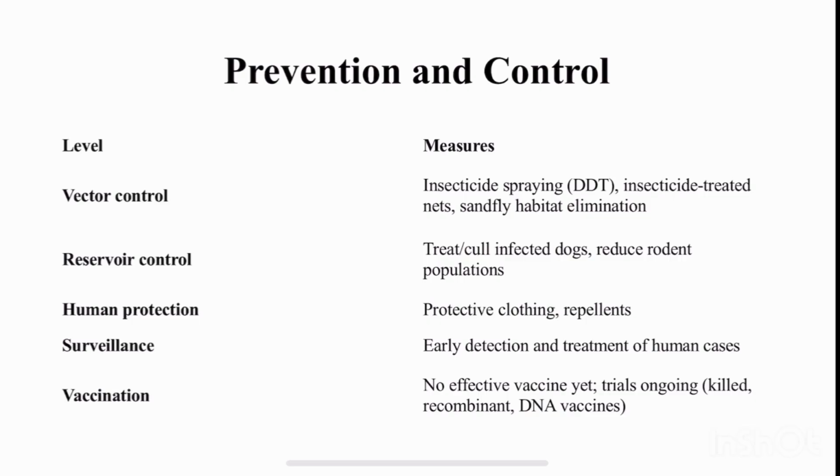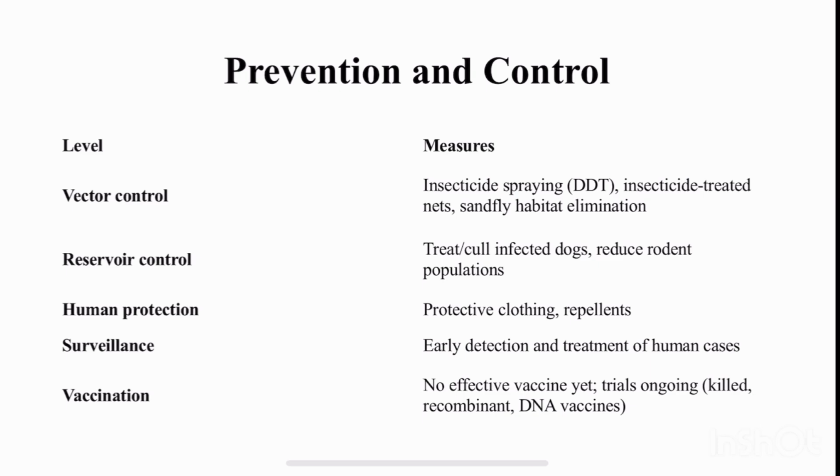So making houses above the ground in the endemic areas, and wearing protective clothes that cover almost all the skin surfaces, will be one of the methods to prevent the disease. Okay, and using repellents or insecticide repellents will help.